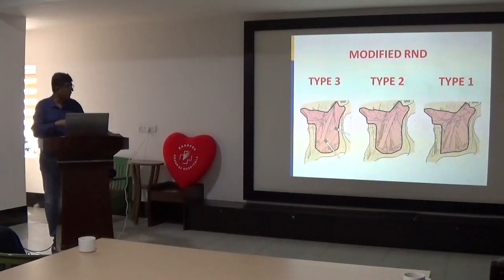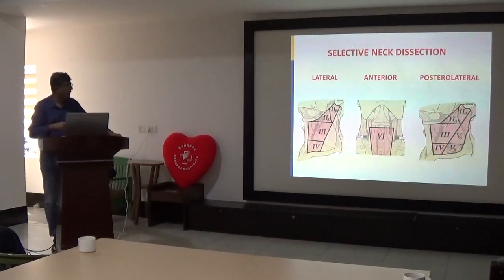Type 2 is you preserve the spinal accessory nerve and the internal jugular vein, and you cut the sternocleidomastoid. And type 1 is you just preserve the internal jugular vein, and you cut the spinal accessory nerve and the sternocleidomastoid.